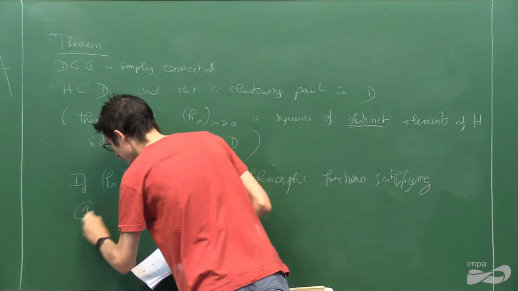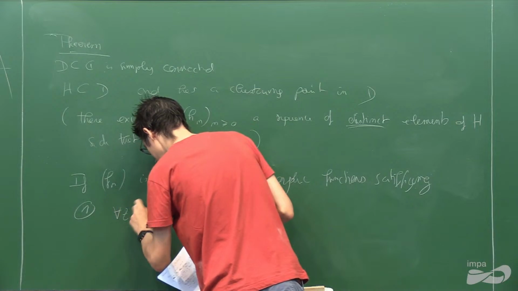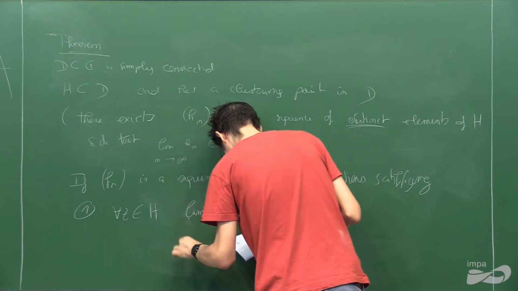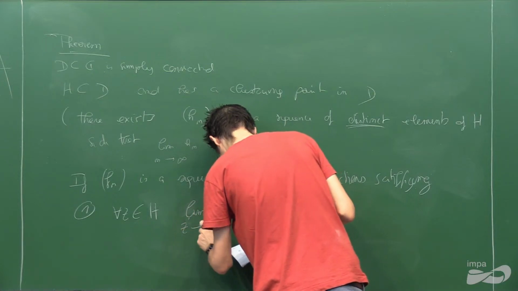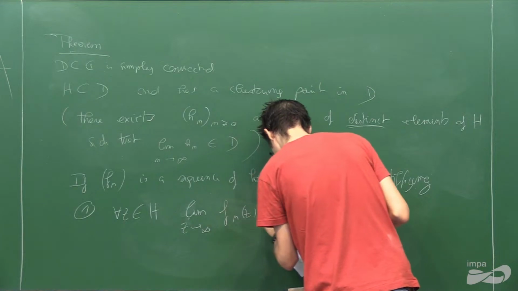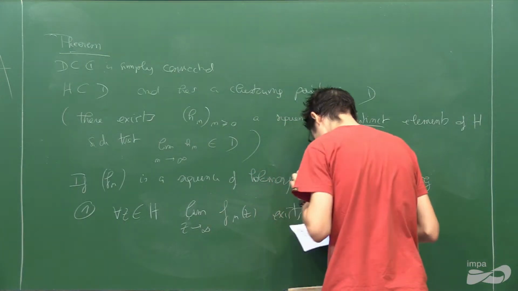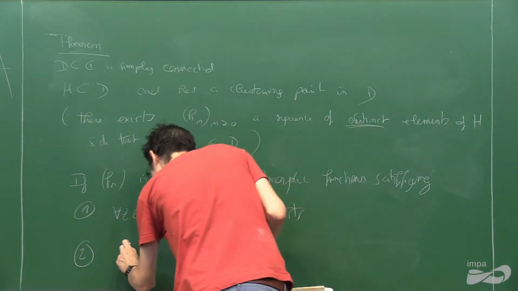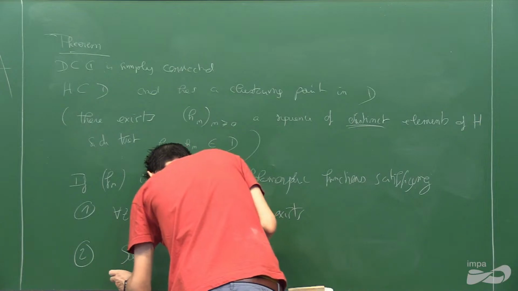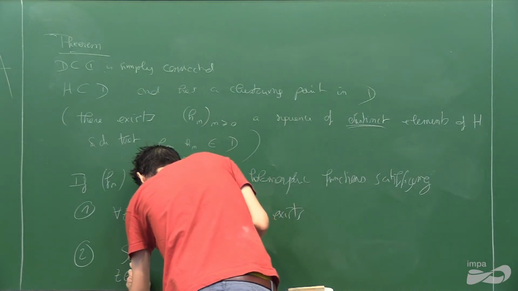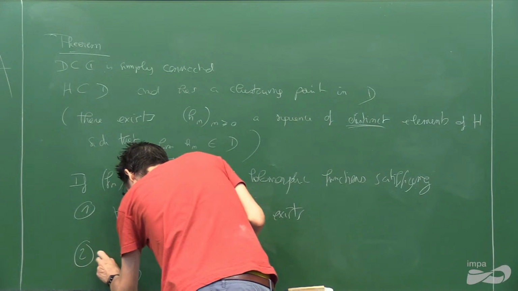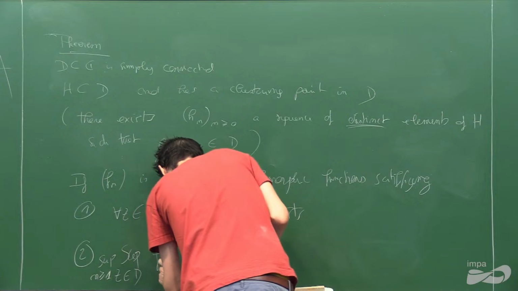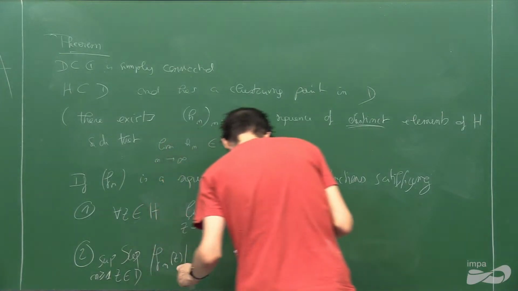The first thing is that for all h in H, the limit when n tends to infinity of F_n(h) exists. And two, the supremum over z in D and the supremum over n larger than 1 of |F_n(z)| is finite.